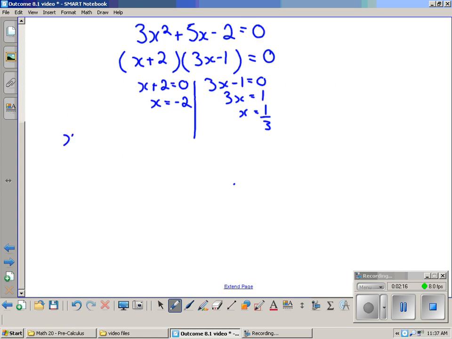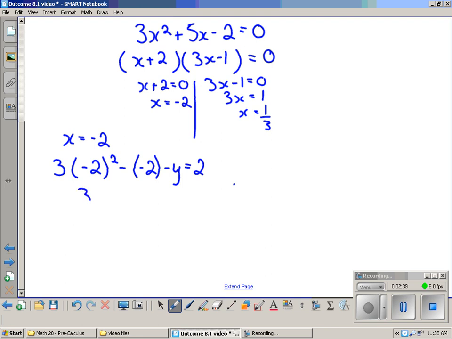I now need to find the y values that match with each of those. So for x equals negative 2, I find that by substituting back into either equation 1 or equation 2. I'm going to substitute into equation 1, and so I end up with 3 times negative 2 squared minus negative 2 minus y equals 2.